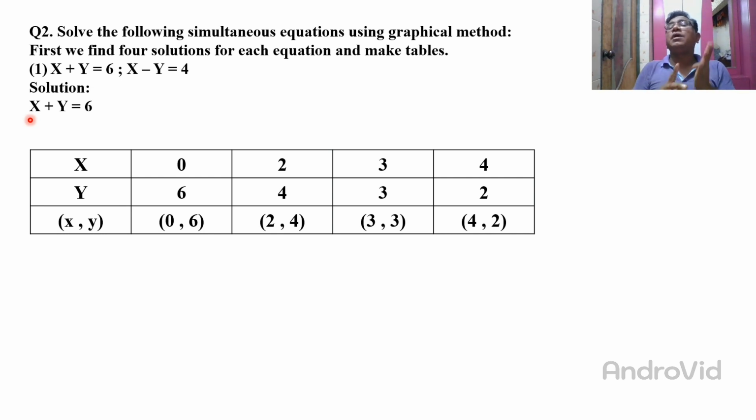Take the numbers 0, 1, 2, 3 or 4, but don't take bigger values like 6, 7, 8, 9, 10 for x, because when you take bigger values of x, your graph becomes bigger and that is very dangerous for you. You cannot plot this graph easily because that point will not remain on your graph paper.